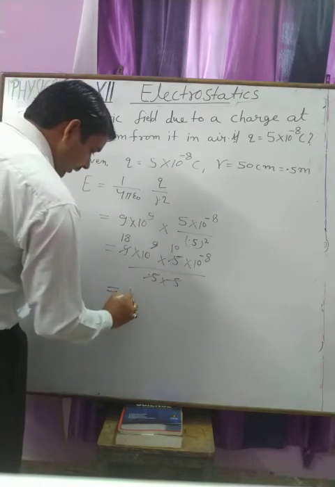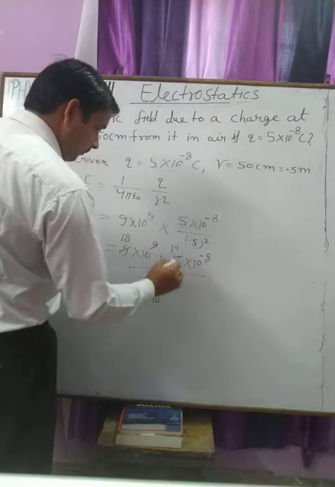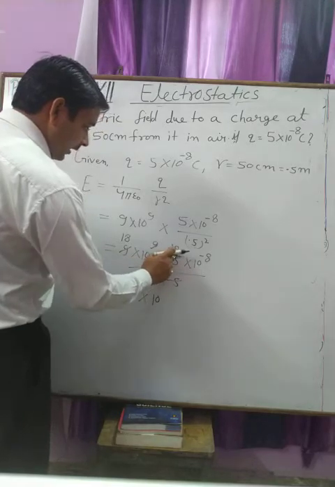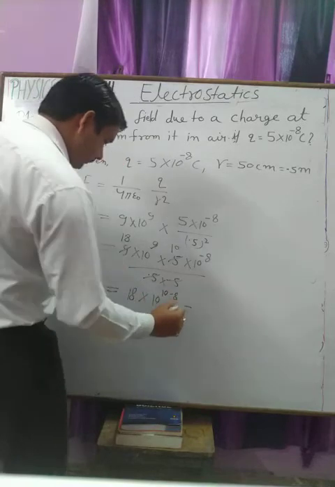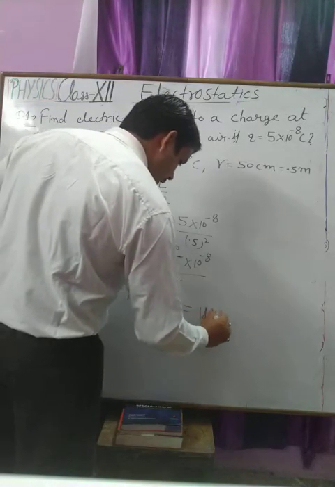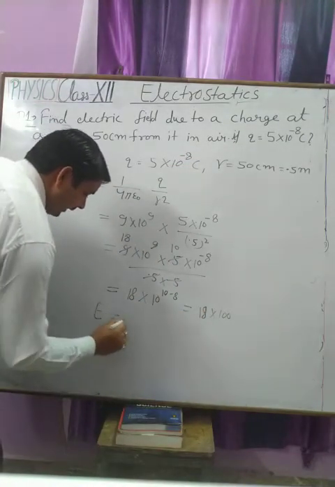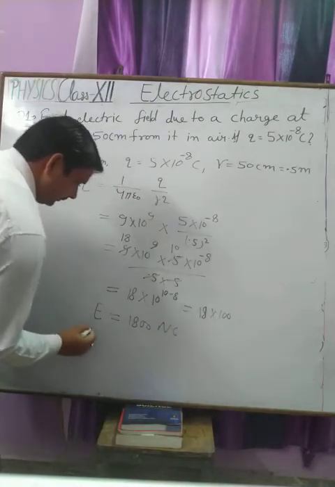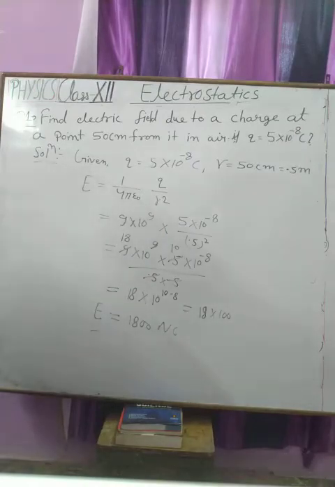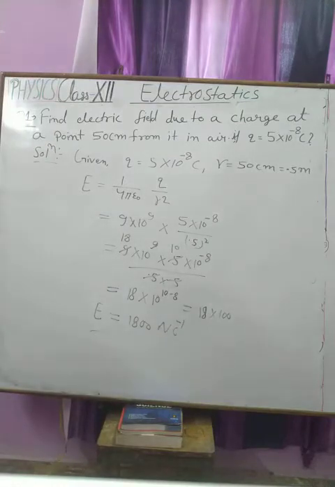Now we are solving this, 18 into 10 to the power 10 minus 8, or 18 into 100. So we have the result for this electric field as 1800 Newton per Coulomb. Okay, Newton per Coulomb. So copy this solution.